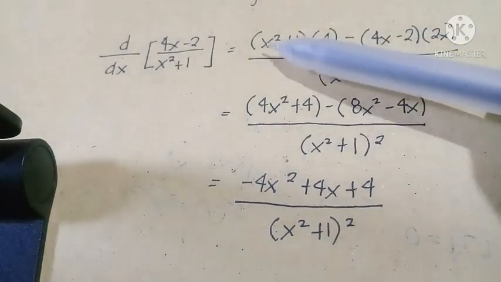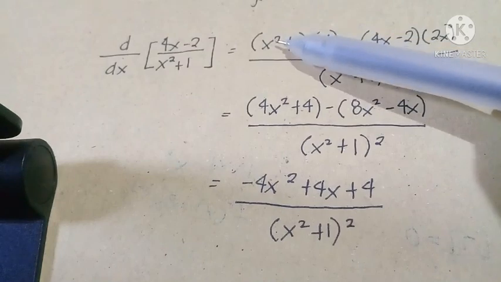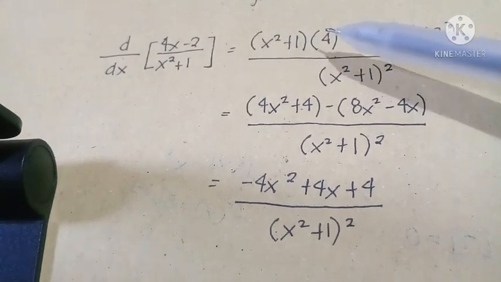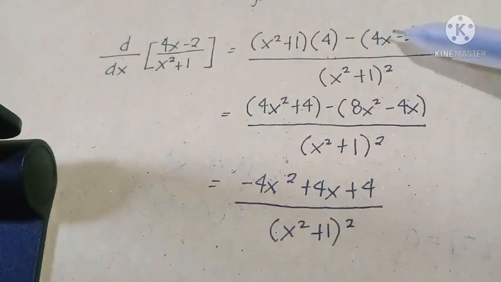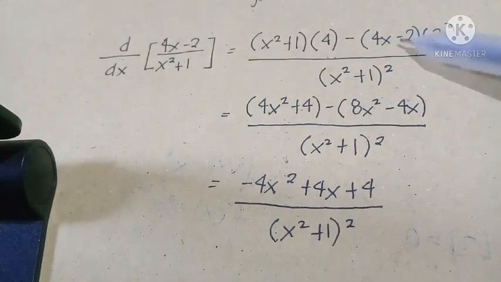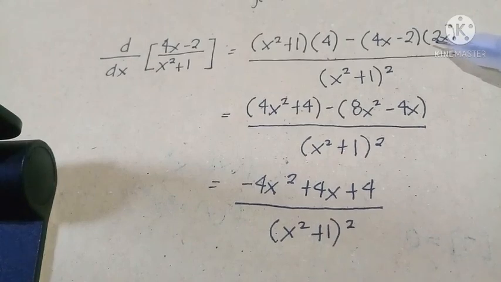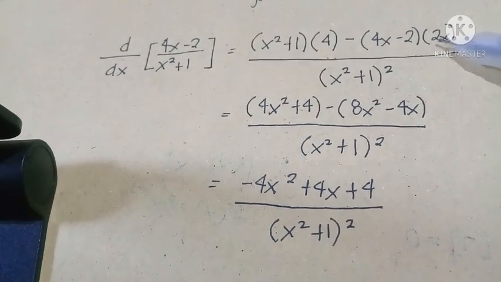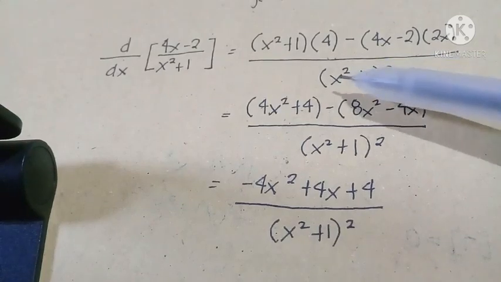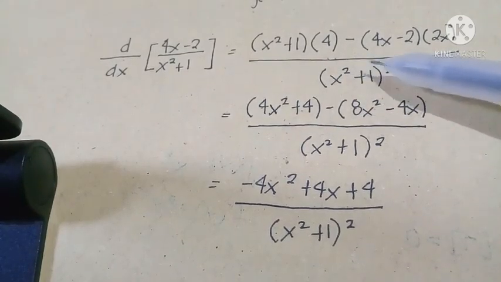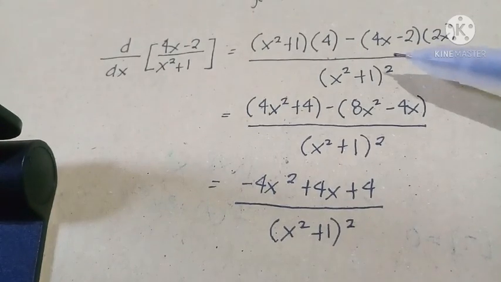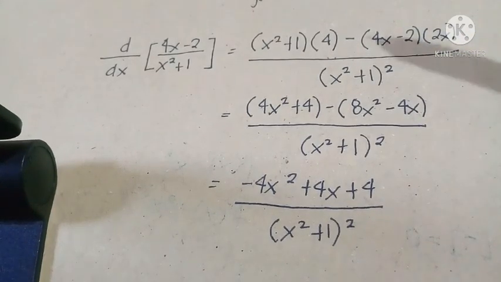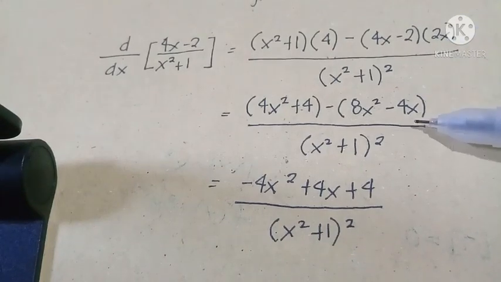So g of x is equal to x squared plus 1 times f prime of x, which is 4, minus f of x, which is 4x minus 2, times g prime of x, which is 2x, over g of x squared, which is x squared plus 1 to the power of 2. Next, we simplify.